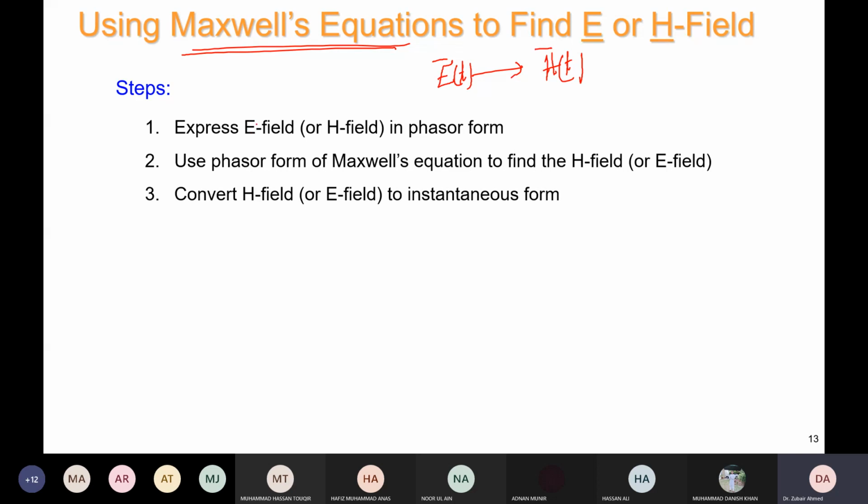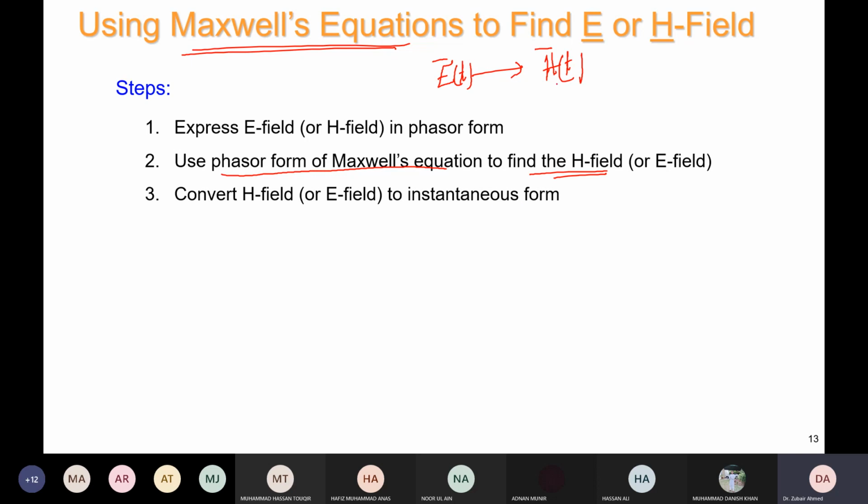So we do this in 3 steps. First step is to express this time domain electric field in phasor form. Then we use the phasor form of Maxwell equation to find the corresponding magnetic field. In this step we will find the magnetic field in phasor form. And the last step will be to convert this phasor magnetic field back into instantaneous or time domain form.